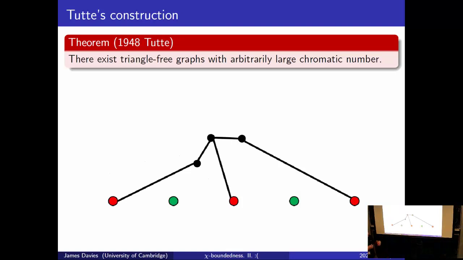But now I can look outwards and look at the copy I attached on here. Now, if I want to finish off my coloring, none of these vertices can be colored red anymore. They're all adjacent to these red vertices. So this bumps up the chromatic number by 1 because I have 1 fewer color available to color this copy. So this shows me that I go up to chromatic number at least 3, because I cannot color this copy with 1 color.